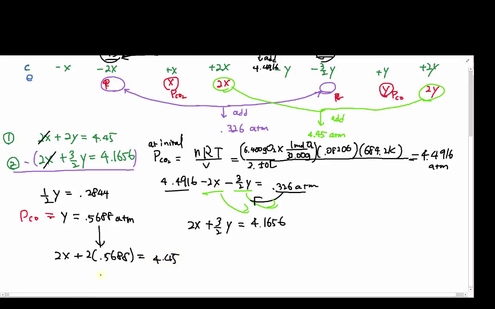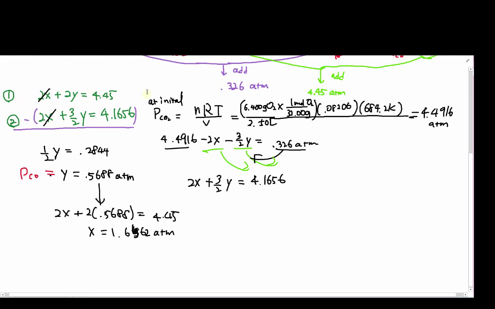When you solve for x, I won't do all the algebra for you, but you're supposed to get 1.666562 atm.